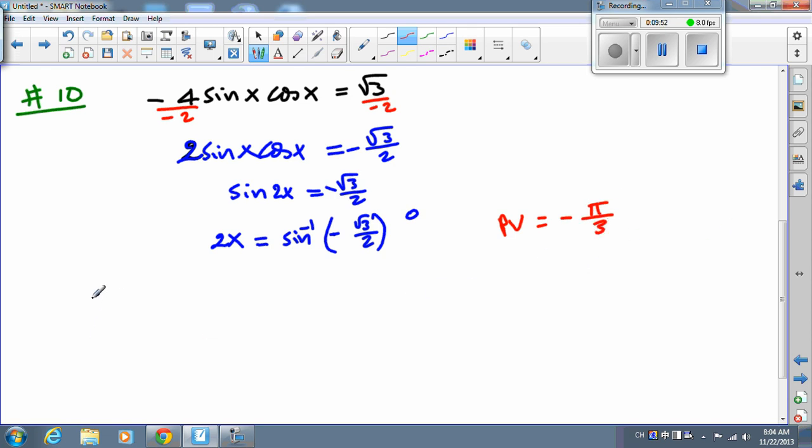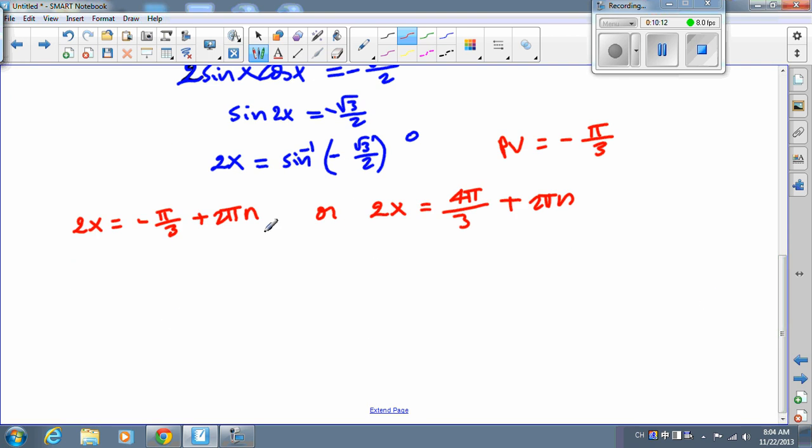Now, since the PV is negative pi over 3, I would say 2x is equal to negative pi over 3 plus 2 pi n, or 2x is equal to pi minus negative pi over 3, which gives me 4 pi over 3 plus 2 pi n.